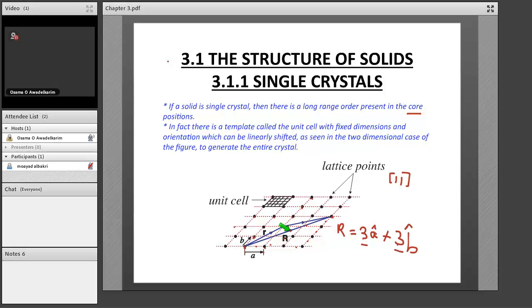Of course, this direction is the same as if I take this point here, because this point is 2a plus 2b, right? So again, this vector from the origin to this point here is 2a plus 2b.